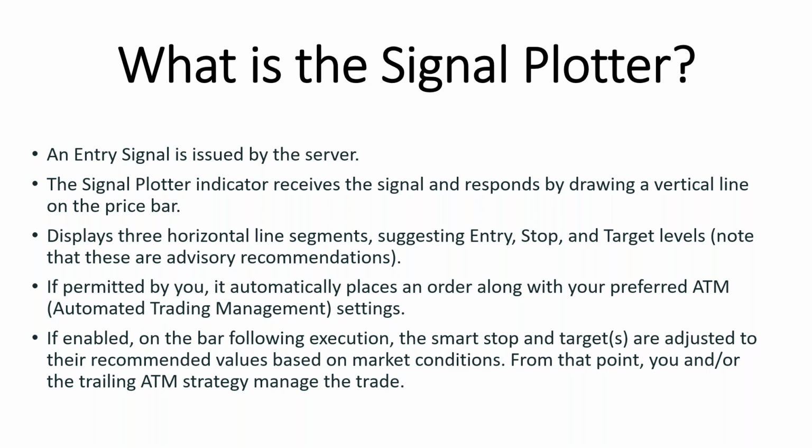It'll display three horizontal segments. The entry, which in my case the default is a black line. You can change the colors, but anyway, the entry line, then you'll have the stop, and then you'll have the target levels at different levels based on algorithms and swings of the current trend that we happen to be in. So they're not all static numbers.